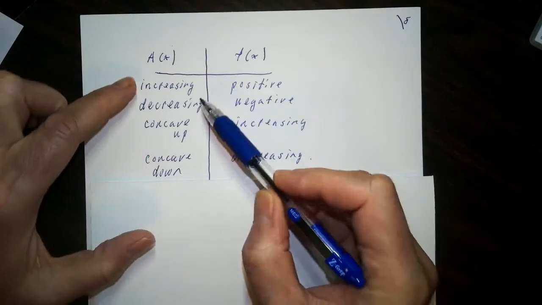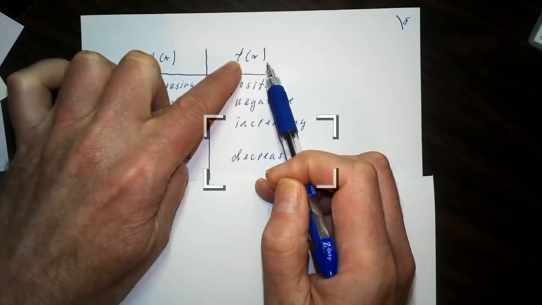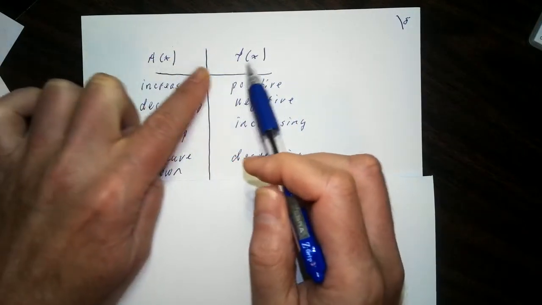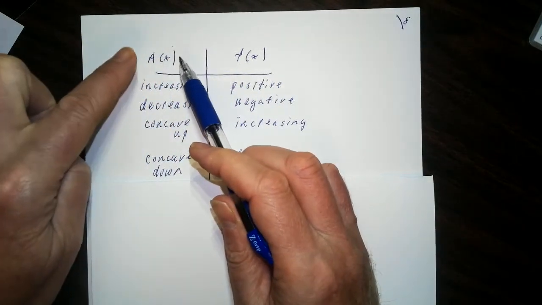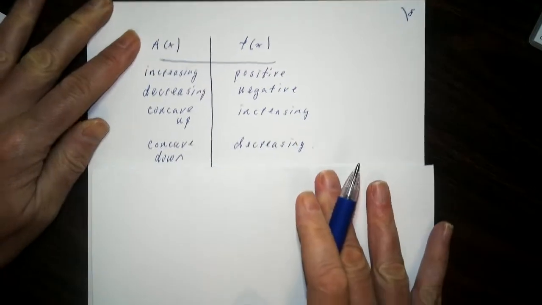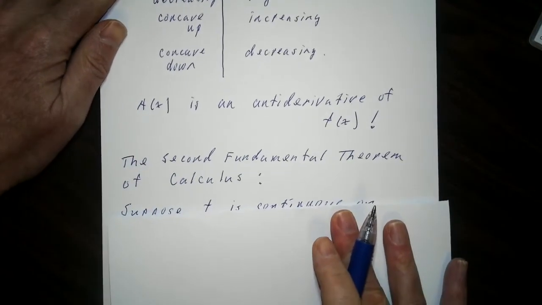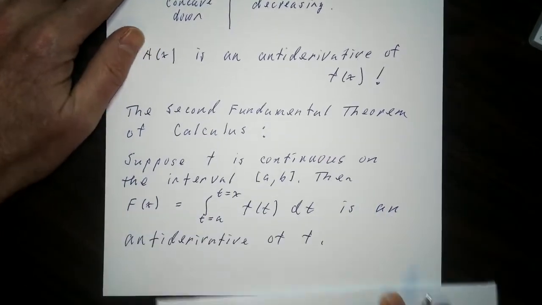This is suggesting that the derivative of the area function is little f. Or in other words, the area function is an antiderivative of little f. And this is what we call the second fundamental theorem of calculus.